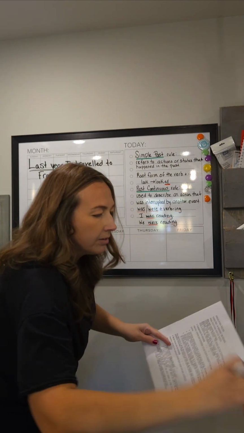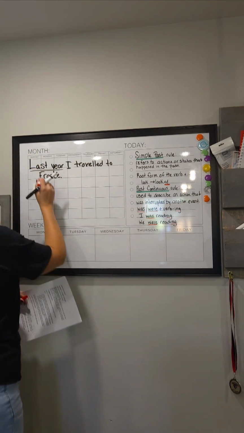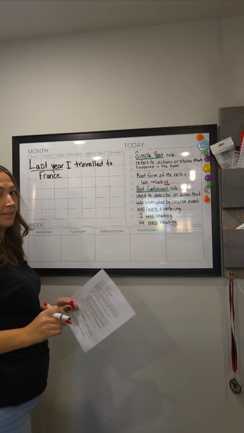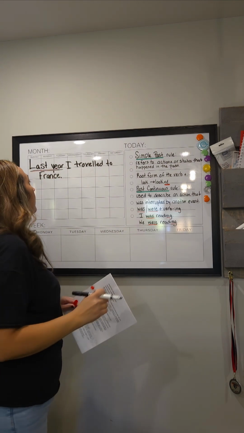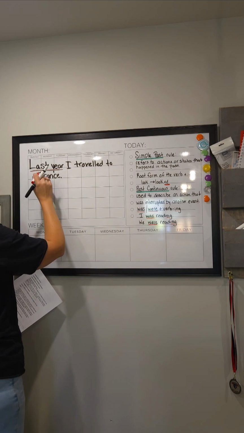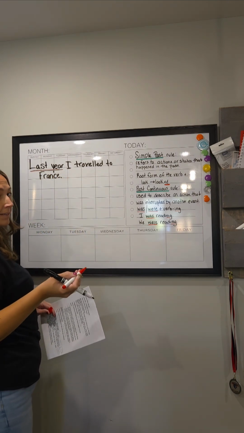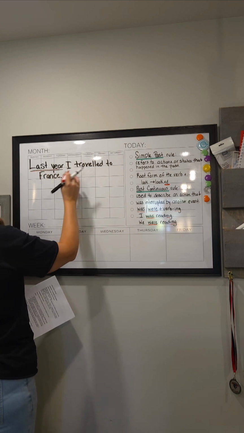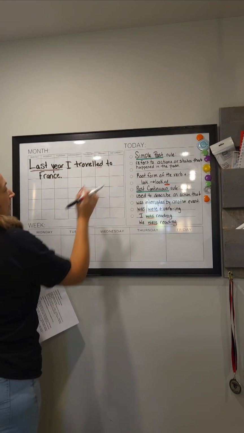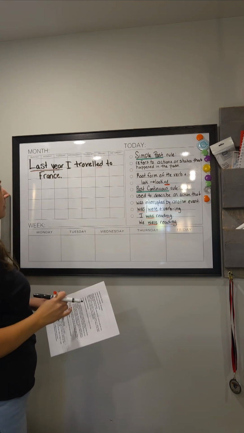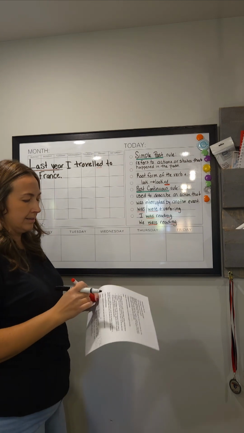Let me use my red marker here so you guys can see that. So last year tells me this happened in the past, correct? So I wouldn't write last year I travel to France. That doesn't make sense. Last year I traveled. You have to put that ED when you're doing your simple past.